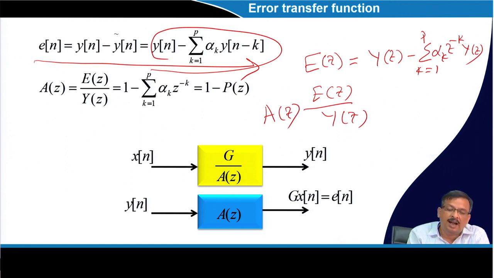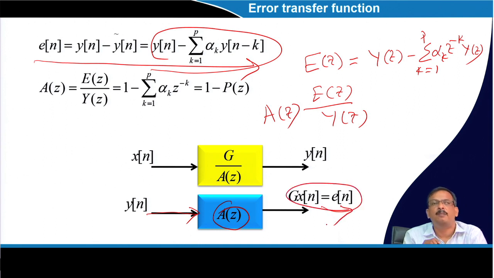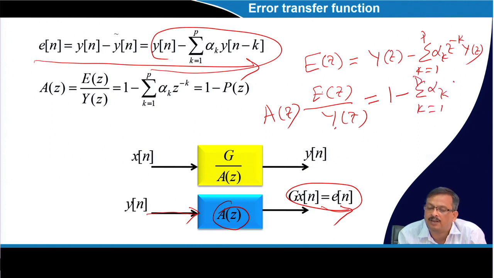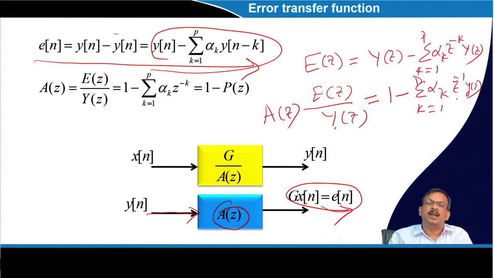So I design A z, apply input y n, I get the output as the error, the mean square error. So E z by Y z is nothing but 1 minus summation k equal to 1 to p alpha k z to the power minus k. Okay, A z I know.